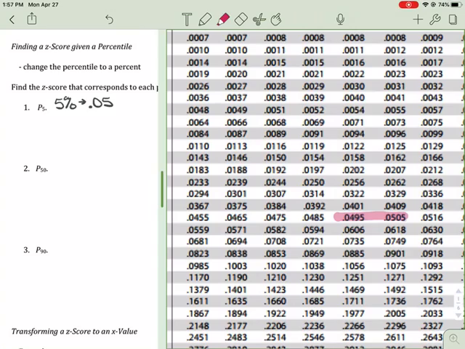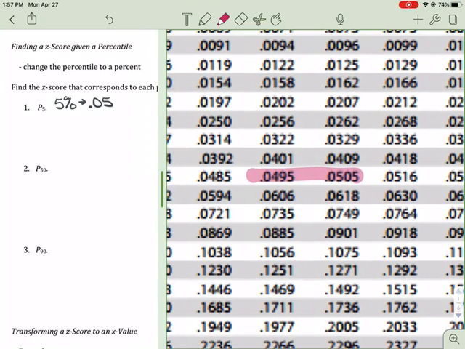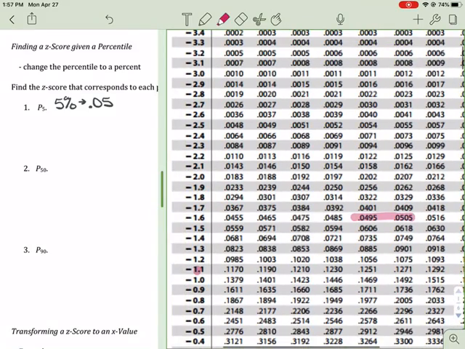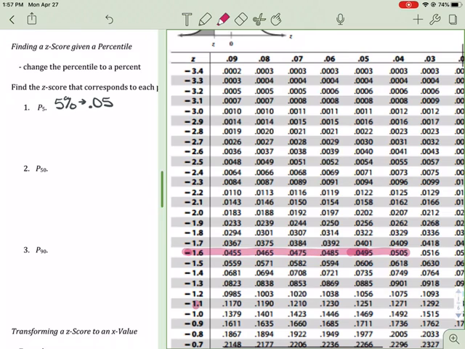All right, there it is. Now, unfortunately, 0.05 is exactly in between 0.0495 and 0.0505. Since it's exactly in between, you have a choice, 1.65 or 1.64. But I'm going to split the difference.